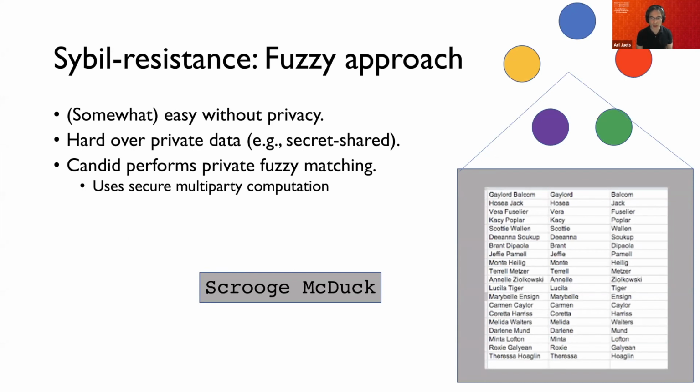So when a user attempts to register, the user presents her name in a private, secret shared form. The committee has a list, again, in private form, of all the users that have previously registered, and secure multi-party computation is used to determine whether there's a fuzzy match, a match to within the predetermined edit distance tolerance between the presented name and the registered name.